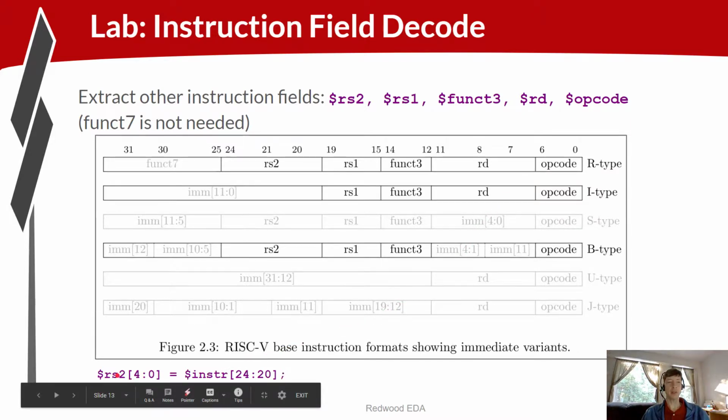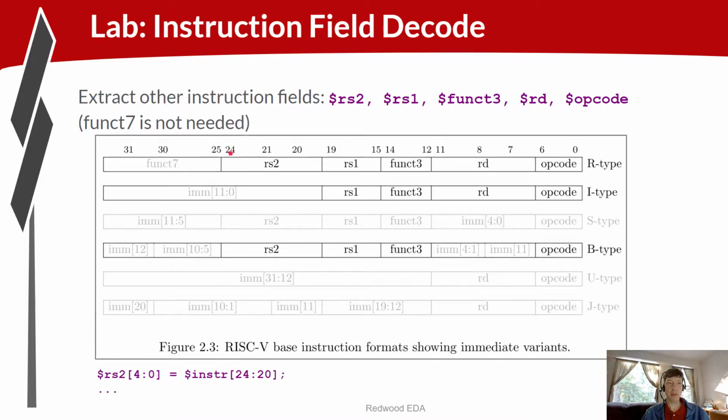So I've started you off with RS2, just using the bit extraction to extract bits 24 down to 20 based on this 24 down to 20 shown in the table. So go ahead and implement that for the remaining fields, and then come back.